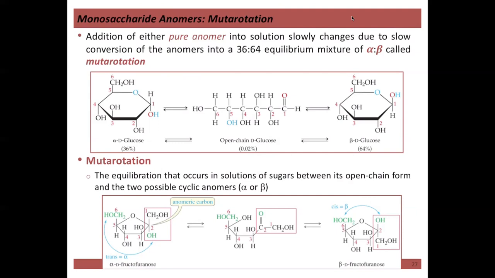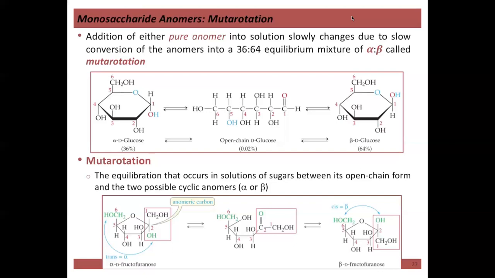And second, as soon as I put this pure solid in water, what's going to happen is it will re-equilibrate. It will undergo this equilibrium reaction where it will open up to the open chain form, and then some of it will go to the alpha anomer. And it will reposition itself so that you have this 36, 0.02, 64% distribution. Even if I started with pure solid beta D glucose, as soon as I put it in water, it will re-equilibrate. It'll take some time, but it will.